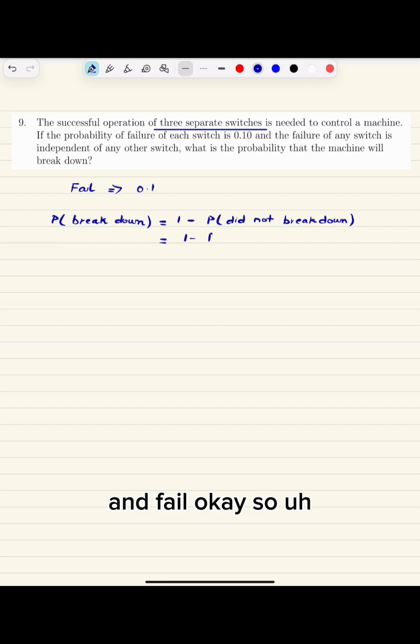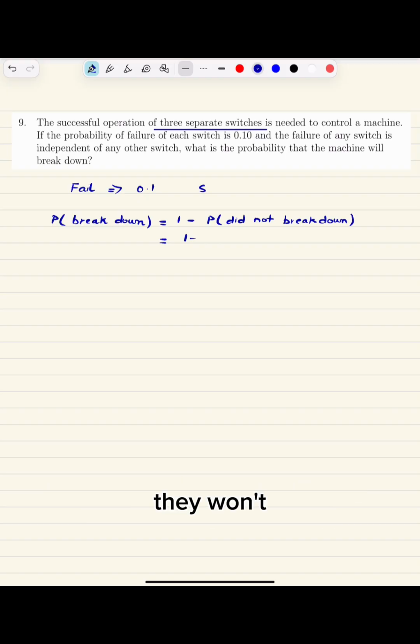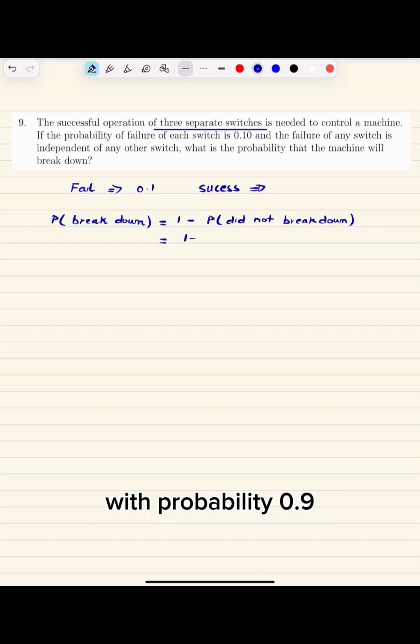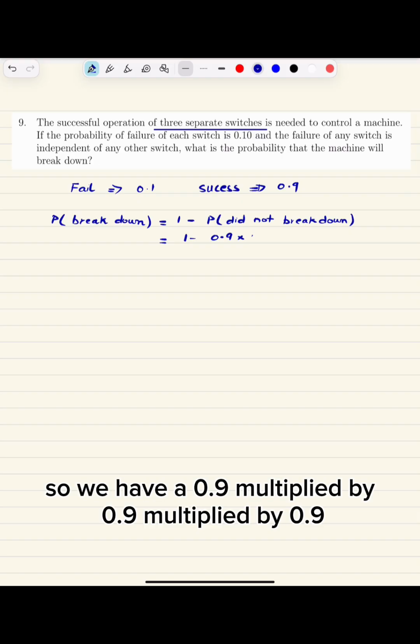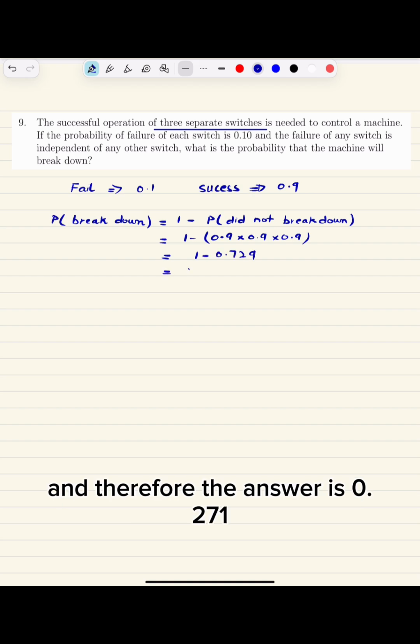Since each of them fails with probability 0.1, each succeeds with probability 0.9. So we have 0.9 multiplied by 0.9 multiplied by 0.9, which is 0.729, and we get 1 minus 0.729, and therefore the answer is 0.271.